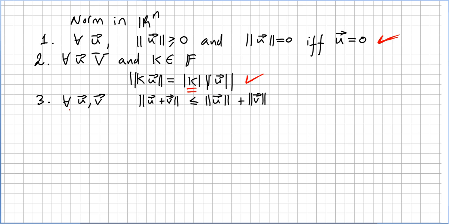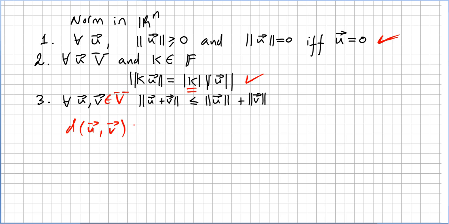Third property, any vectors u and v in the vector space V satisfy what we call the Minkowski inequality. I think I called it Minkowski inequality or triangle inequality.